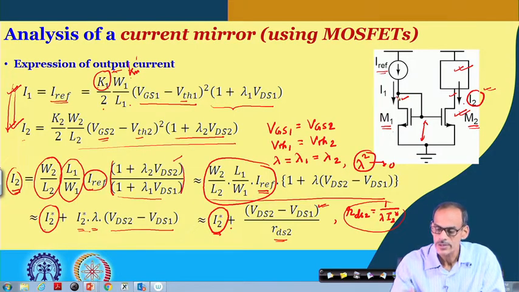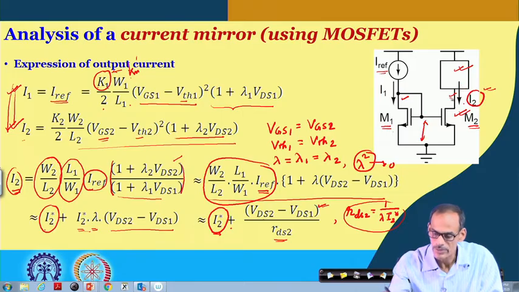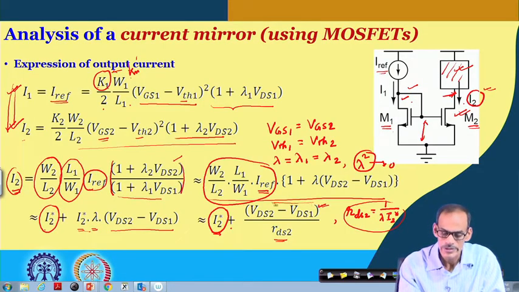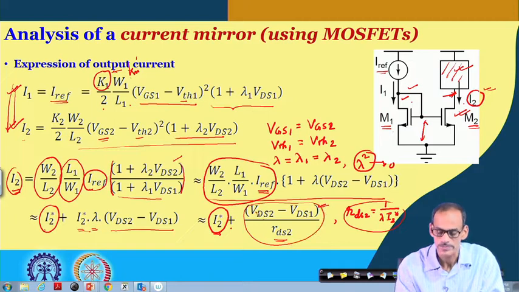Now, as I said, the voltage here will be defined by the application, and if the drain voltage of transistor 2 is different from the drain voltage of transistor 1, then we will get this additional part of the current.